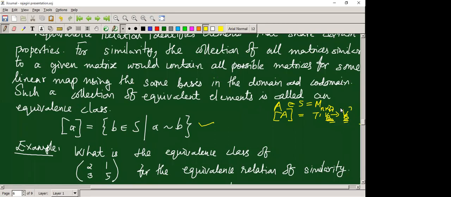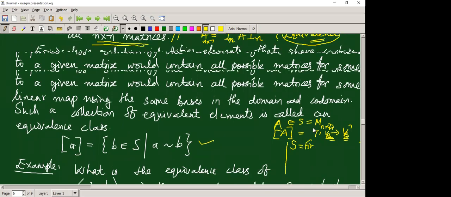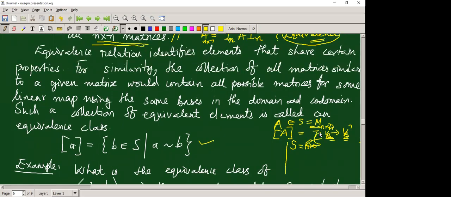Now for the equivalence relation, that we will discuss later. And there is another equivalence relation in vector spaces. Let S be the collection of all finite dimensional vector spaces, that is dimension 1, 2, 3, anything, any finite dimensional vector space.